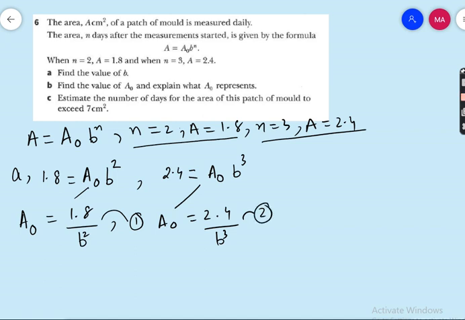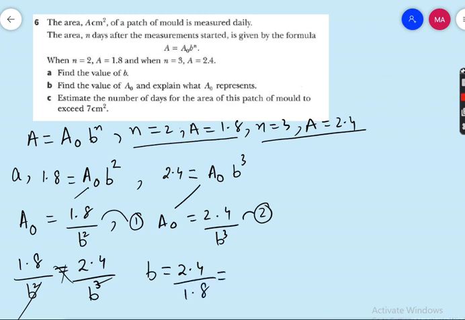Comparing equation number 1 and 2, you will get 1.8 upon b square equals 2.4 upon b cube. Now this b square can cancel and you will get, cross multiply, b is equal to 2.4 upon 1.8.